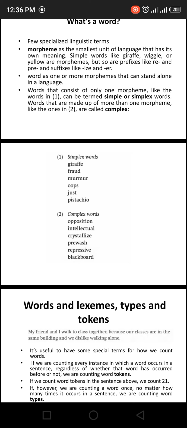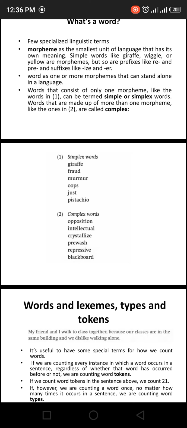Yes, a word can stand alone. If a morpheme can stand alone, it can qualify as a word. You can call it a word. But if it cannot stand alone, like full and like un, it is not a word. When you attach these morphemes with other words like unhealthy and beautiful, then it can give you the meaning, and it qualifies as a word.